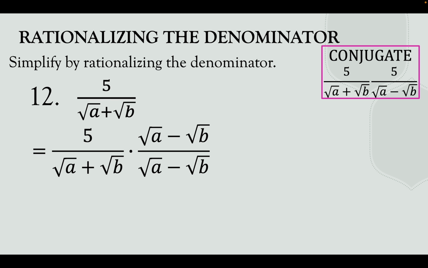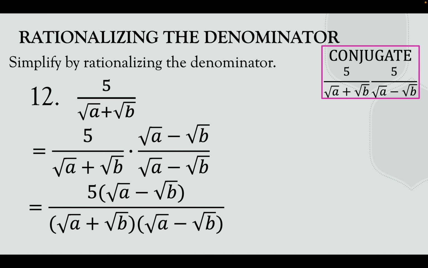So direct multiplication. Here we need to distribute 5 in each term. So we have 5 times square root of a, and 5 times negative square root of b. And then by the binomial theorem, class, since we have different operations, we can use square root of a squared minus square root of b squared.